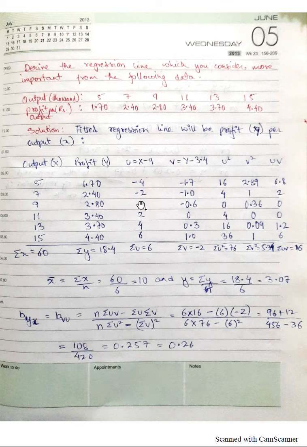If I had taken this, we would have 0 for this and 0 for this, and 0 into 0 would become 0, but for this we would have a different value and we would still have to calculate.